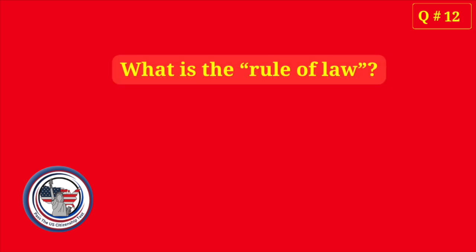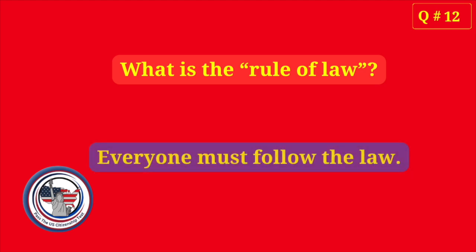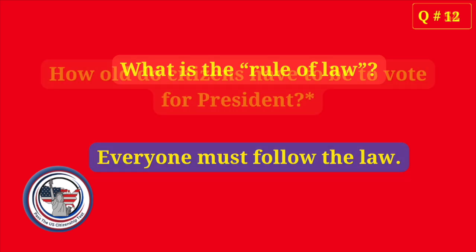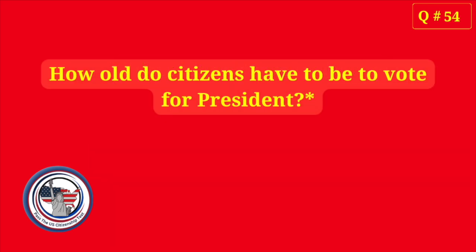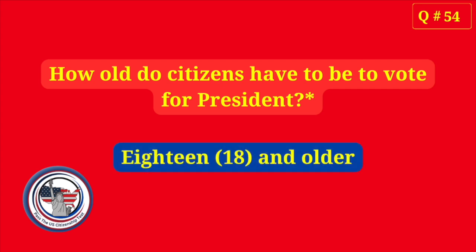What is the rule of law? Everyone must follow the law. How old do citizens have to be to vote for president? 18 and older.